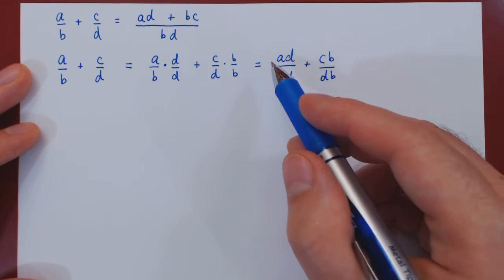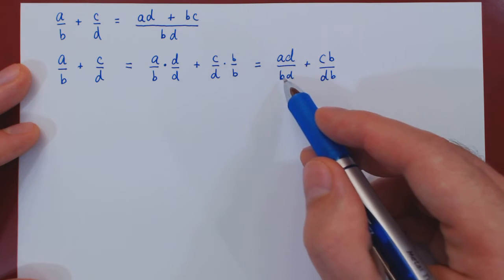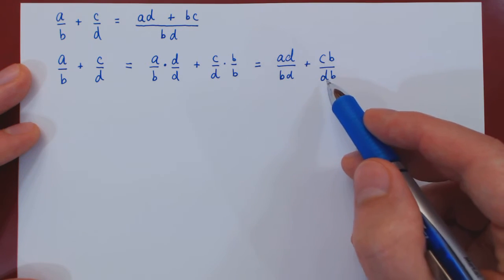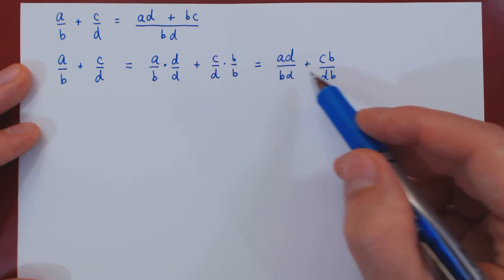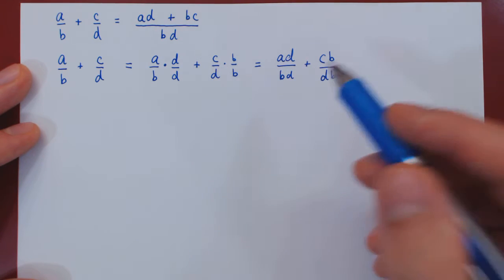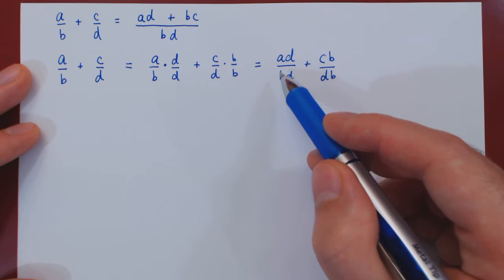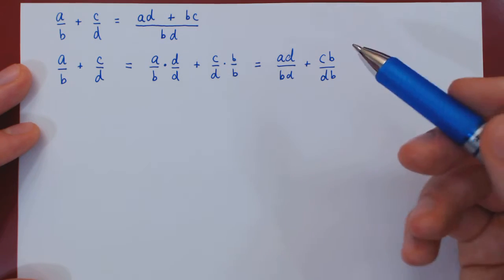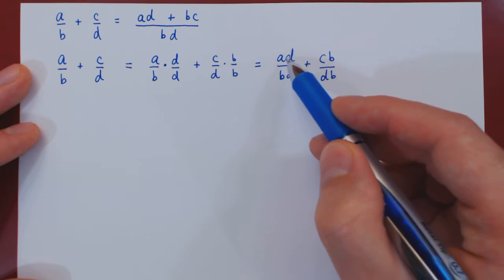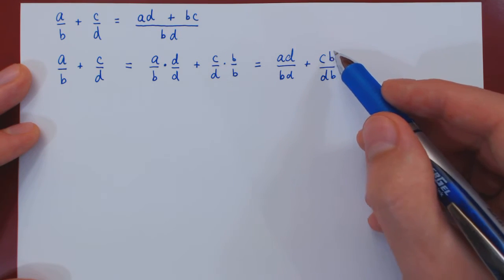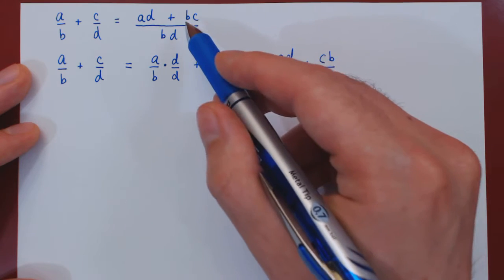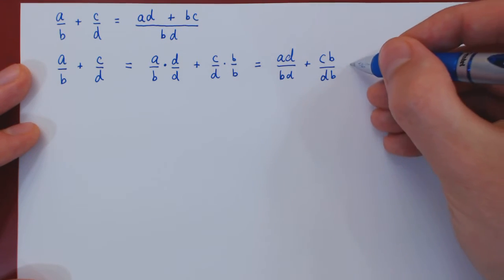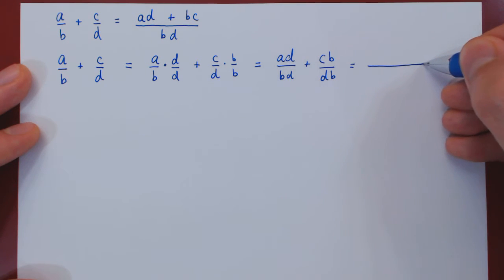And now if you look, in both cases, we are over BD, the same denominator, right? BD or DB, this is the same thing. So now in both cases, we are taking a given circle, splitting it up into BD many parts. So now all the parts are of the same size. So here we have AD parts, here we have CB, which is the same as BC parts, and because the parts are of the same size, we can simply add them up together.